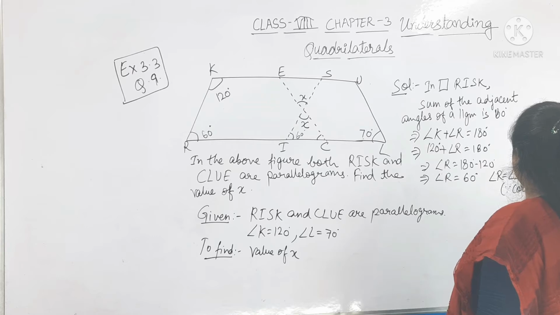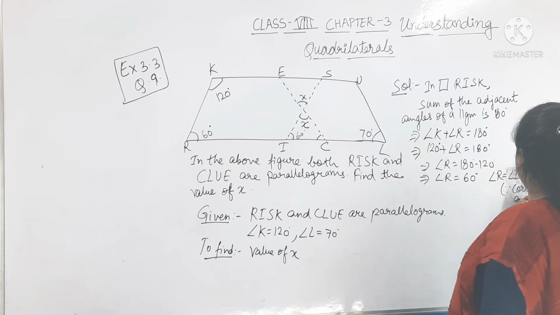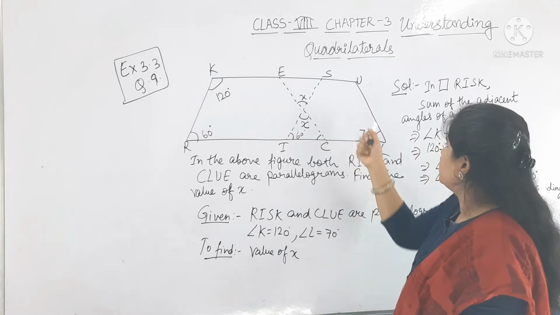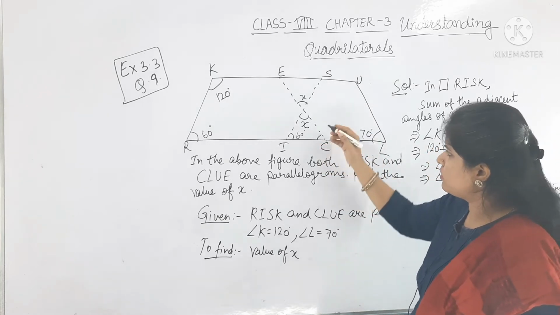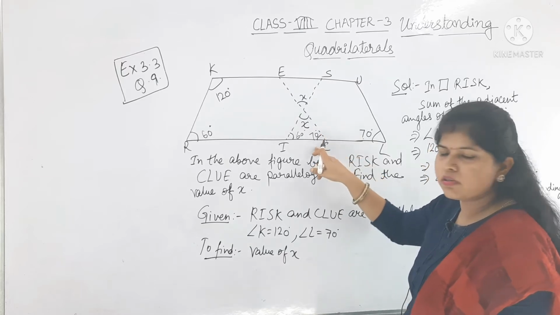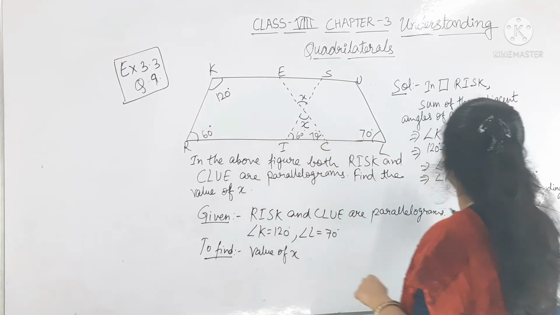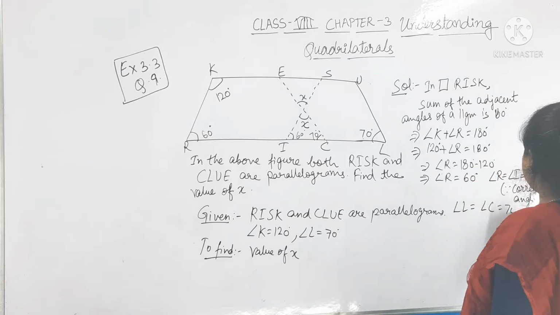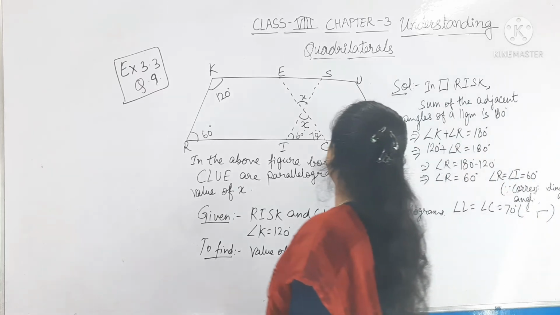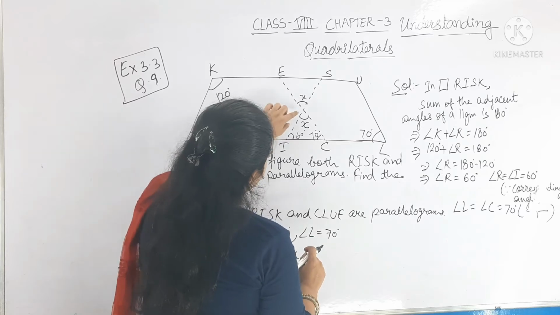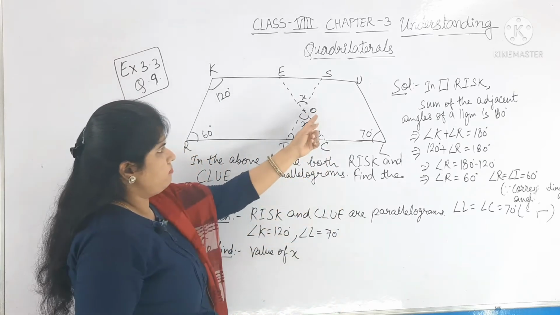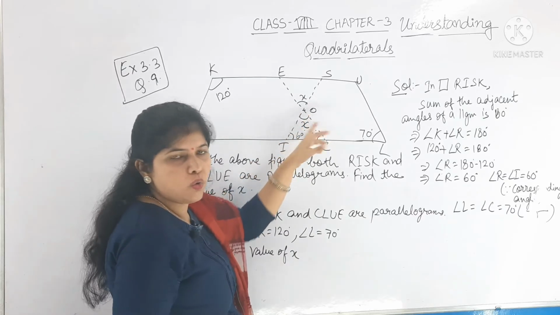Angle L is equal to angle C because of the same property, corresponding angles. Angle L is equal to angle C is equal to 70 degree, same corresponding angles, right? So this is one triangle, let the point be O here.